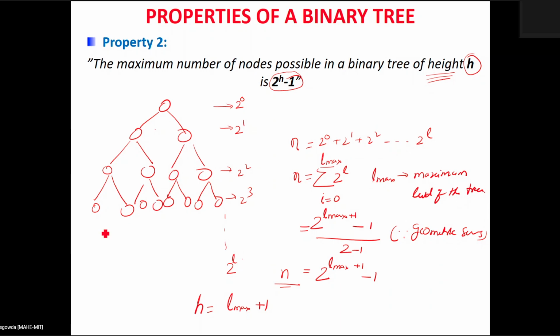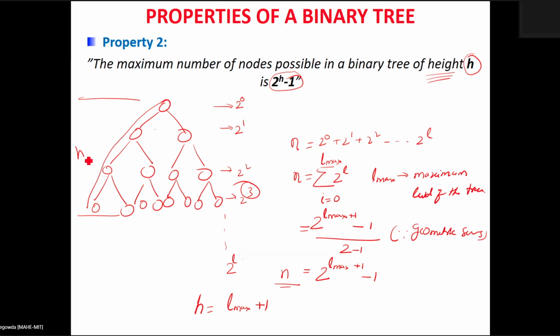Say for example, in this example, L max equals 3. But what is the height of the tree for this particular example? The number of nodes from the root node to the leaf node. If you take any path here, the height will be equal to 4, right?